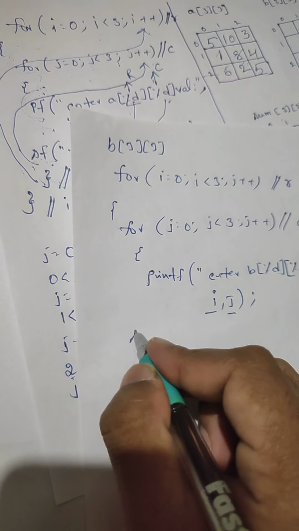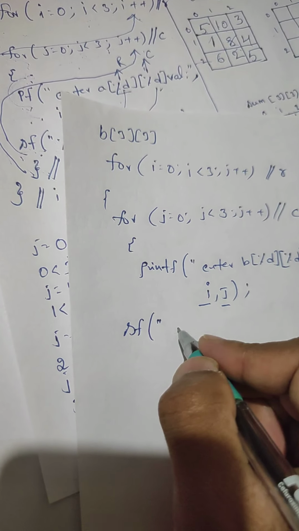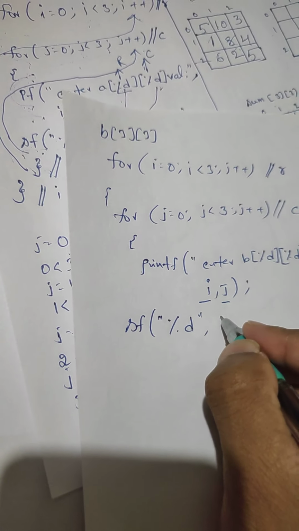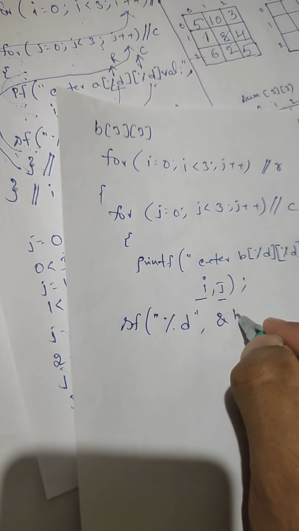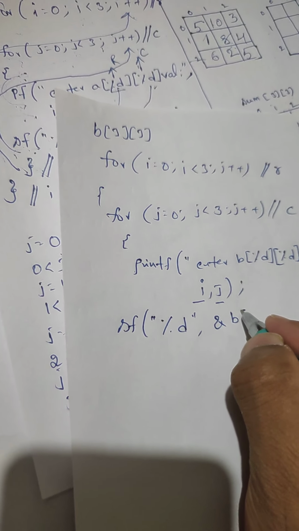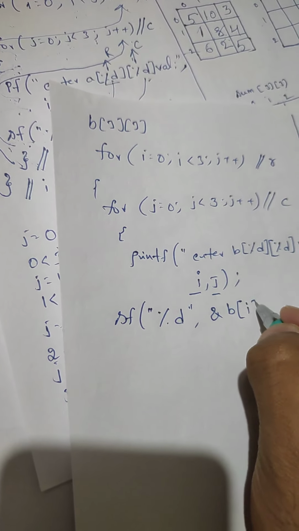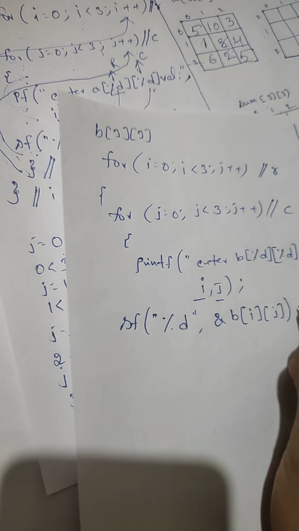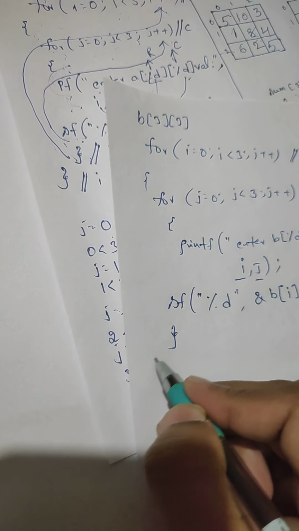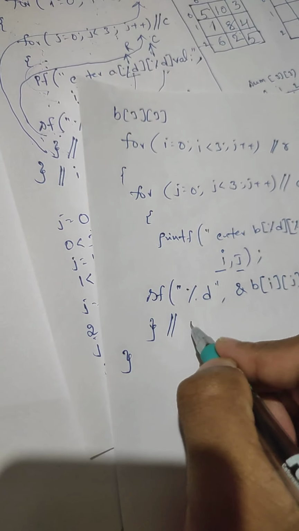And after that, reading the values with the help of the scanf function. So %d, ampersand, here we are reading B matrix values. So for that B of i and j, and close the j for loop and close the i for loop.